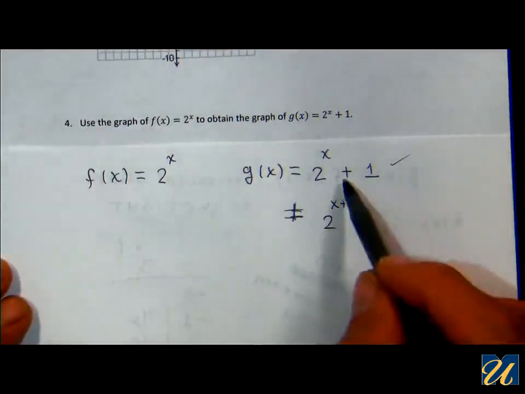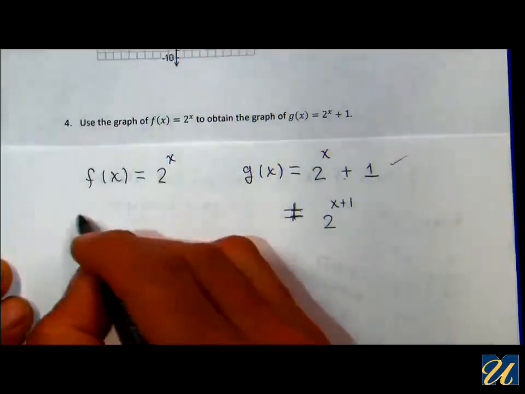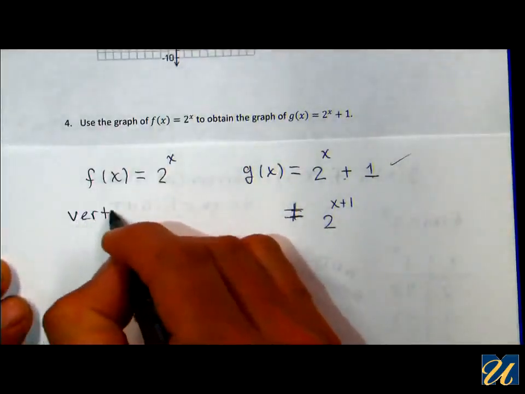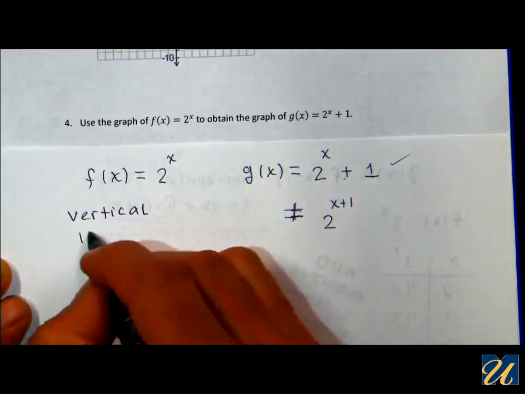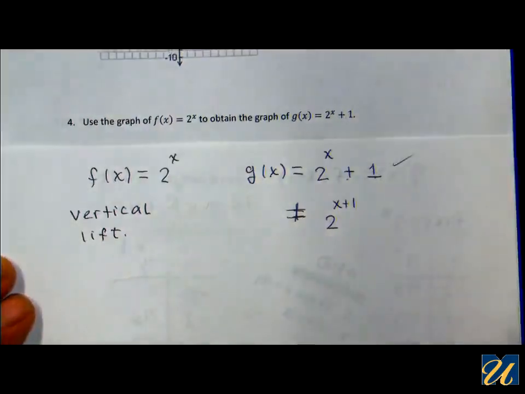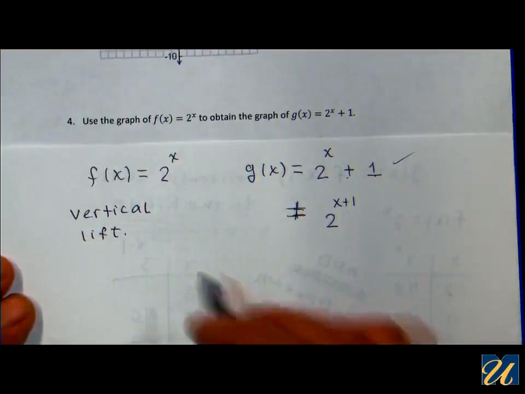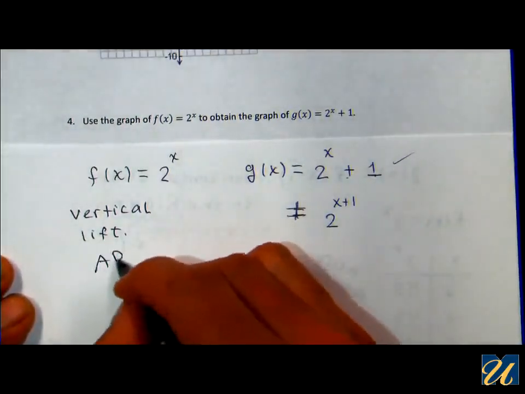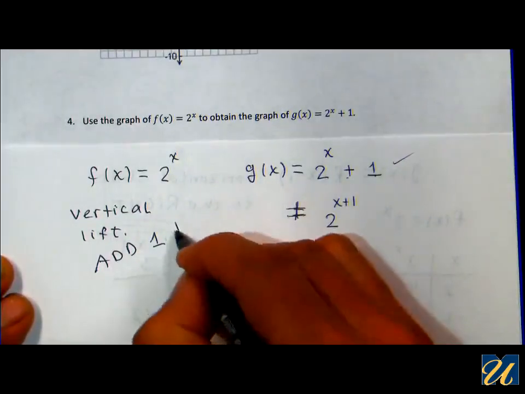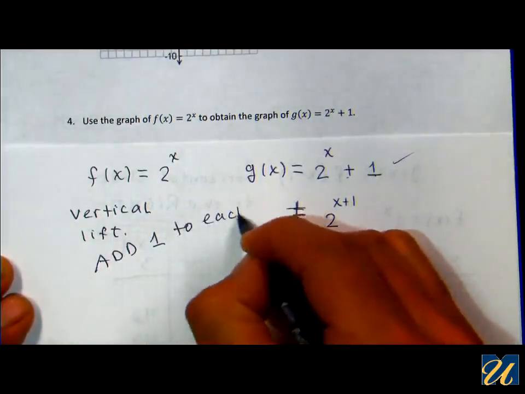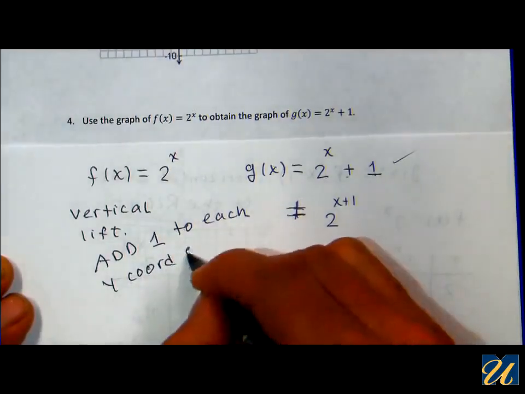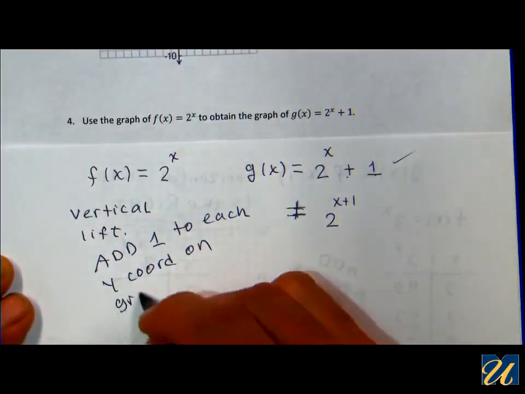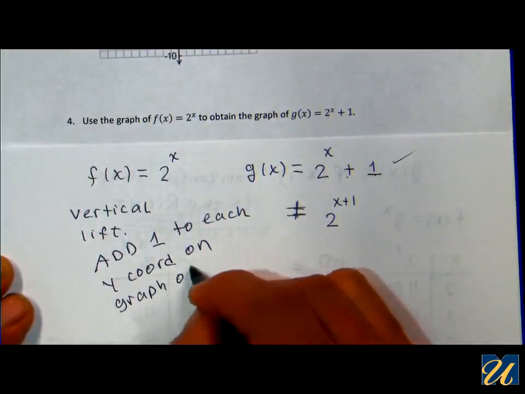Okay, what effect does adding a constant do to it? This is what's called a vertical lift, sometimes it is called, or it's a vertical translation. If it's vertical, that means we have to add 1 to each y coordinate on the graph of f of x.